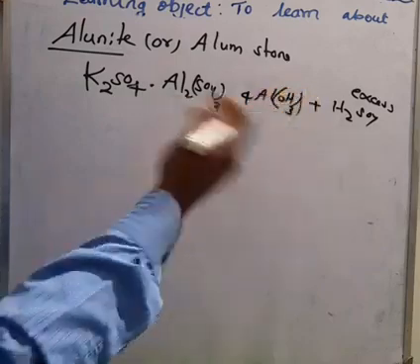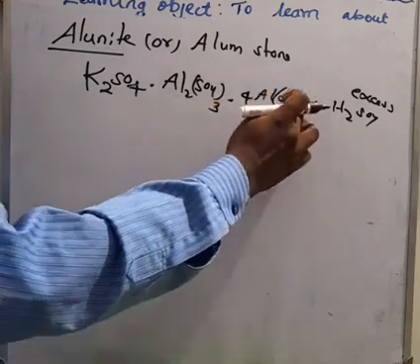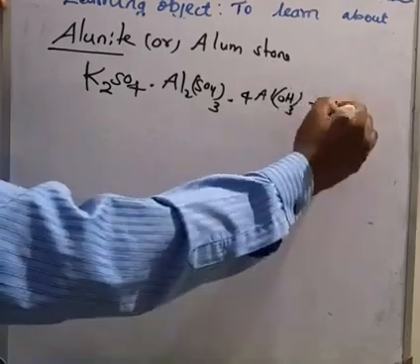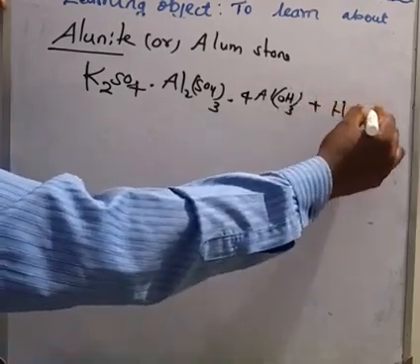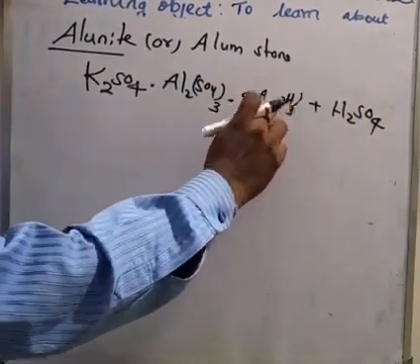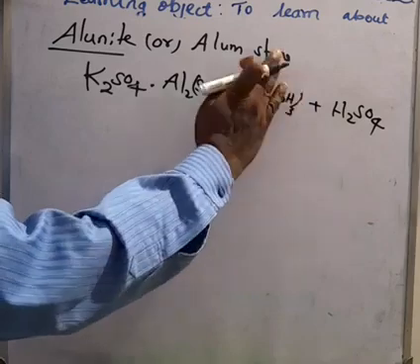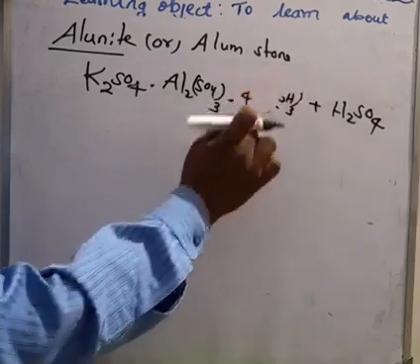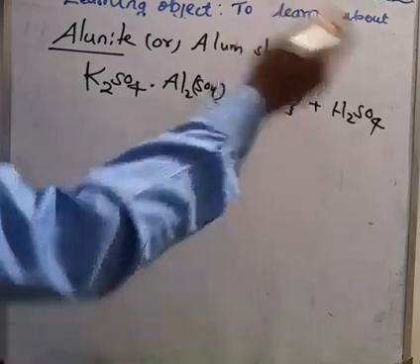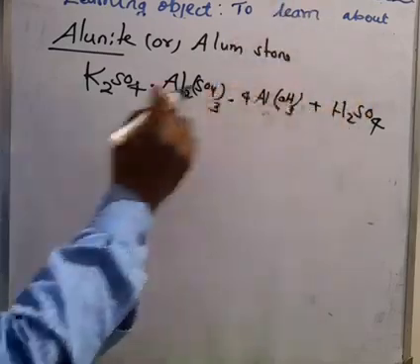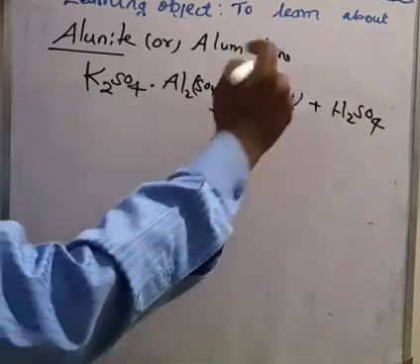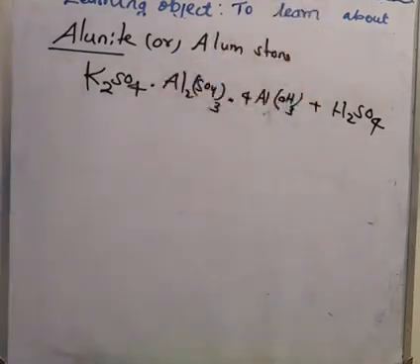On treatment with the calculated quantity of sulfuric acid, H2SO4, what is happening here? The aluminium hydroxide part, the 4Al(OH)3 part, is changed into aluminium sulfate.